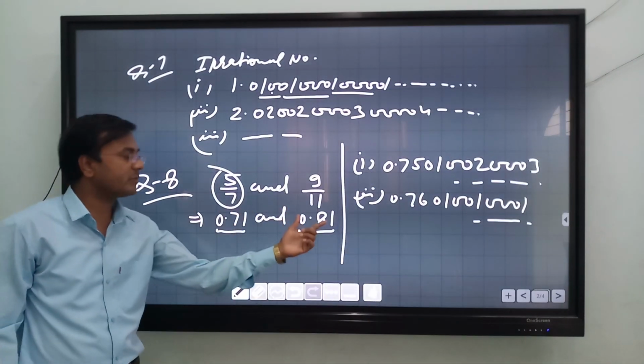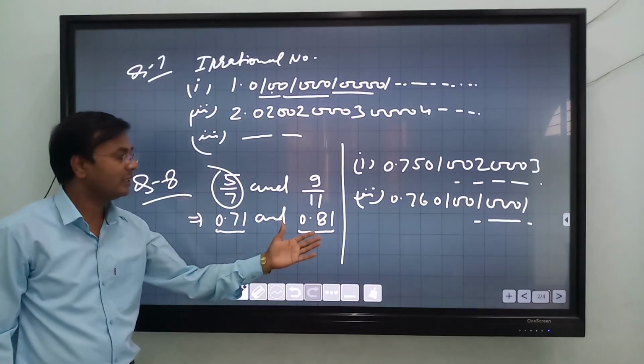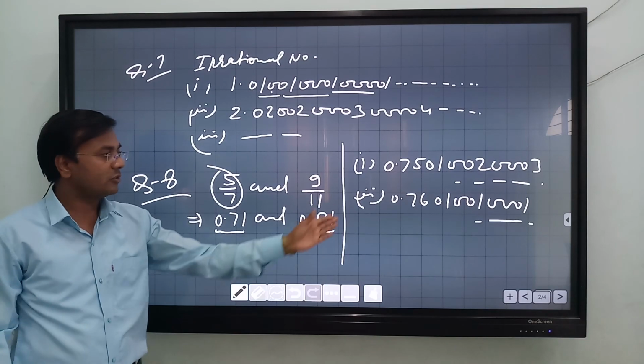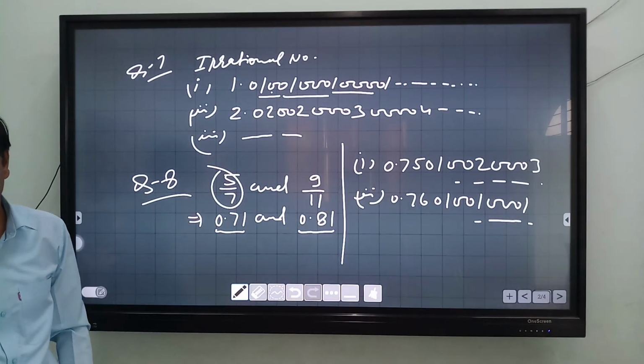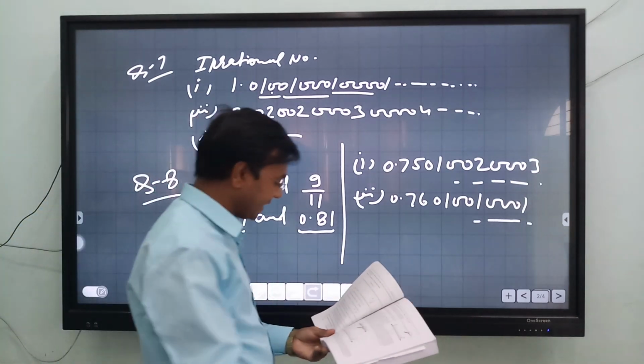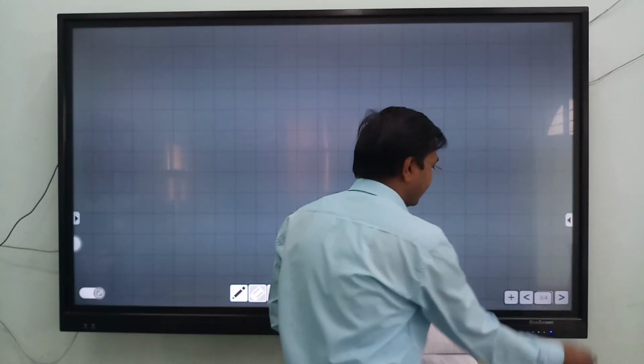Make sure the number is smaller than 0.81. So 0.80 or 0.79 dash dash, 001, 002, something, you can consider as examples. So this was question number 8.